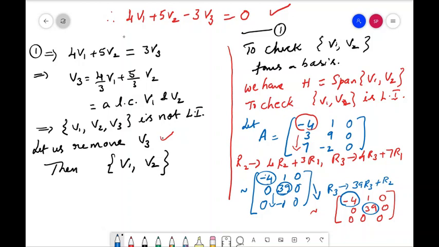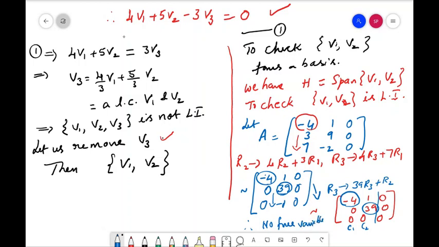How many variables do you have in this? How many vectors? 2 vectors. So 2 variables, 2 columns, C1, C2. So what do you say here? We'll say that there is no free variable.